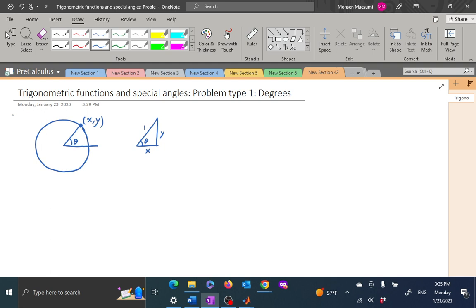First, we focus on sine and cosine. Sine of theta, you might have learned it previously in terms of opposite divided by hypotenuse. That is fine. You can think about this as opposite, this one as adjacent, and this one as hypotenuse.